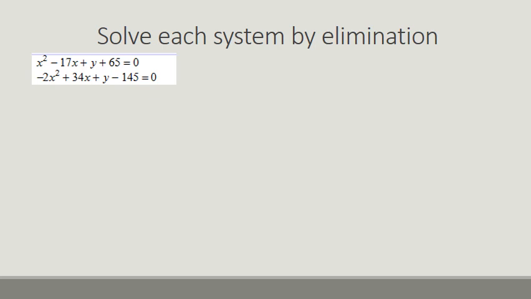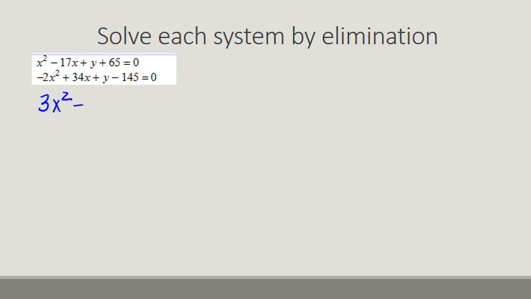Okay. Now, elimination, we can add or subtract the equations to get the solution and eliminate a variable. So if I'm looking at this, and a lot of times elimination isn't the best thing to do with quadratics, but I do have a y and a y right here. So it's the only y's I have, so if I subtract these equations, I can get rid of the y's. So x squared minus a negative 2x squared is 3x squared.